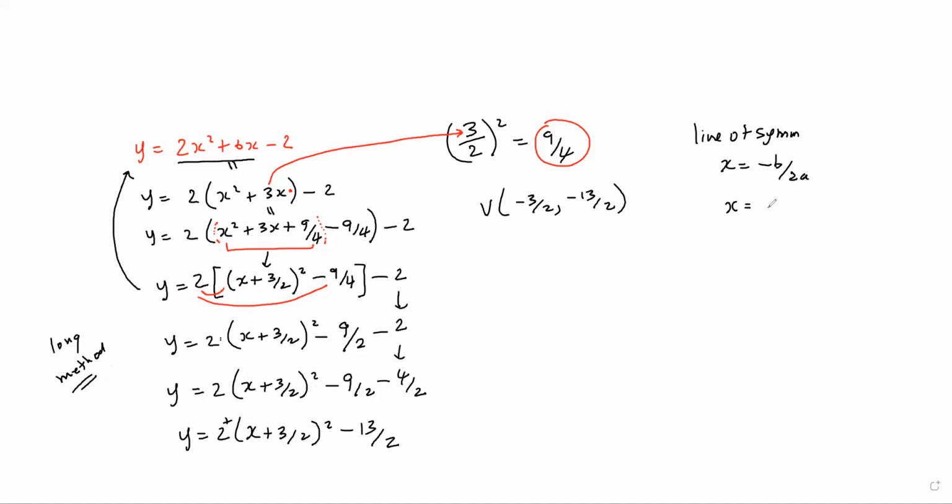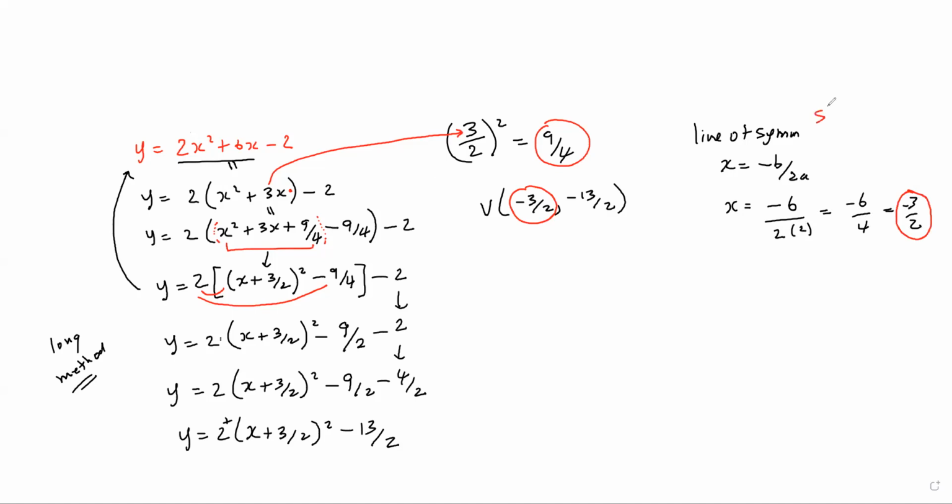We just go back to the original equation. Minus 6 on 2a. a is 2 here. So you're going to get minus 6 on 4, which is minus 3 on 2. Much quicker, isn't it? So that number is the same as this number here. Minus 3 on 2.